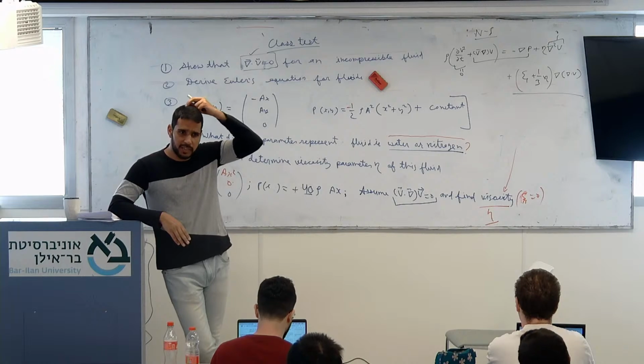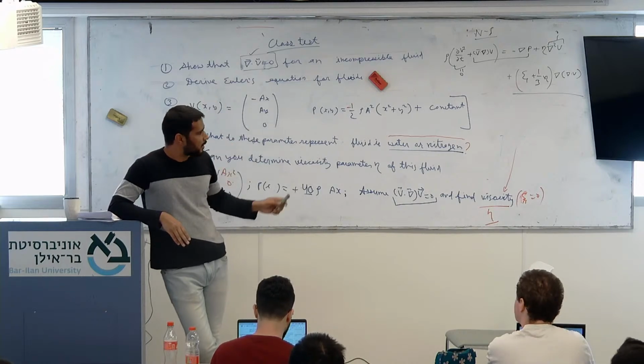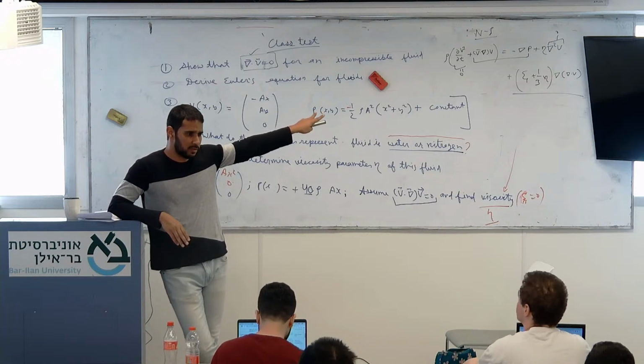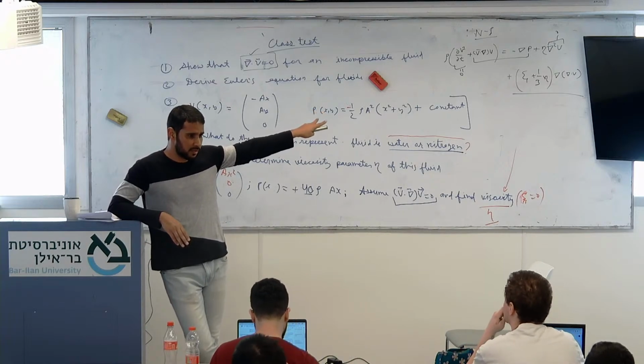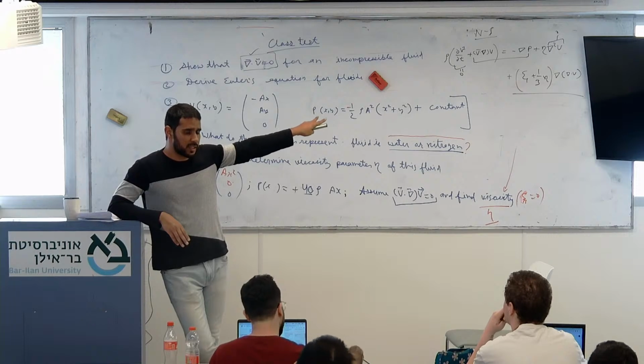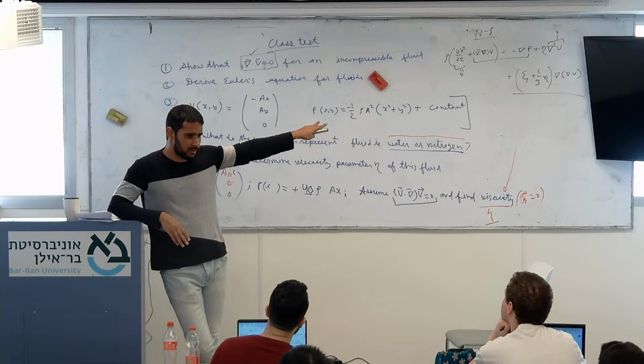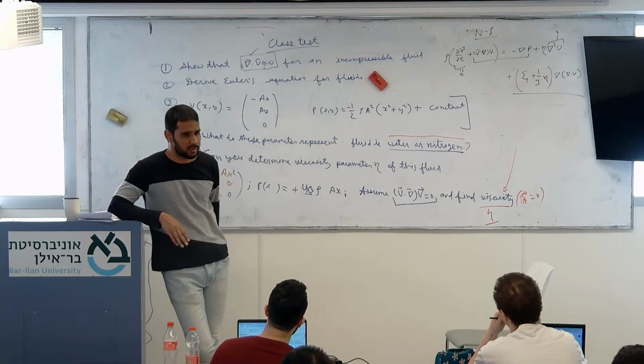But there is a reason why I designed this question. If any fluid satisfies the Euler equation, first two terms, the Euler equation is satisfied only for the fluids where the viscosity is 0. So viscosity also has to be 0. That's a physical input. Do you understand that?